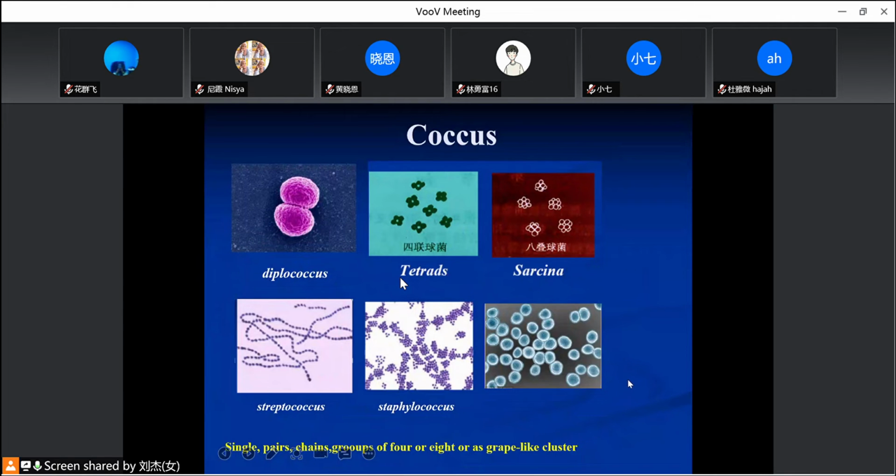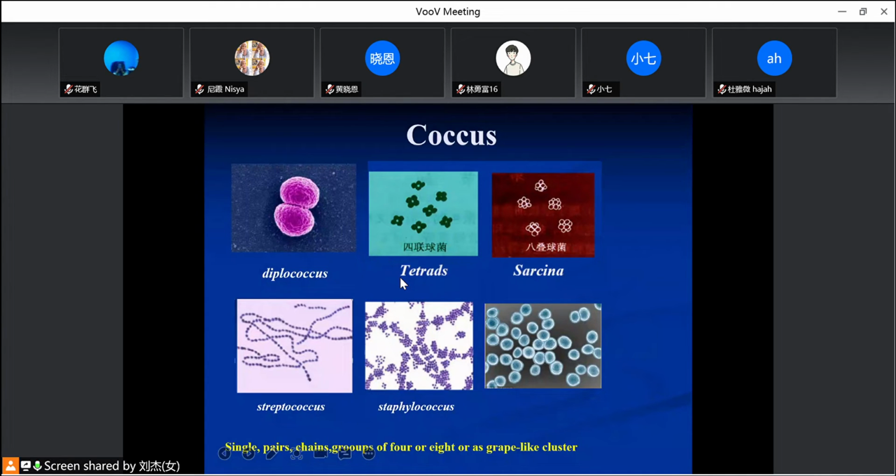What's more, as we introduced here, some of the coccus join together as a couple, some are four together, some form a chain, a necklace, and some form a grape-like cluster.